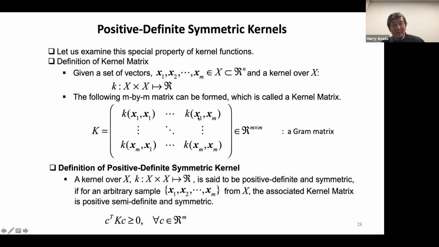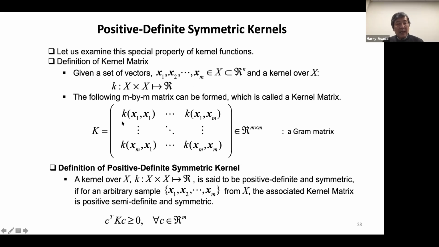So we take all combinations of x1 through xm. First, x1 and x1; then the second entry in that row is x1 and x2; and along this line, x1 and xm. Then the second row, x2 and x1, and so on. At the end, you have xm, xm. So you can create an m by m matrix. This is called the kernel matrix, created from the kernel function and an arbitrary set of sample points.